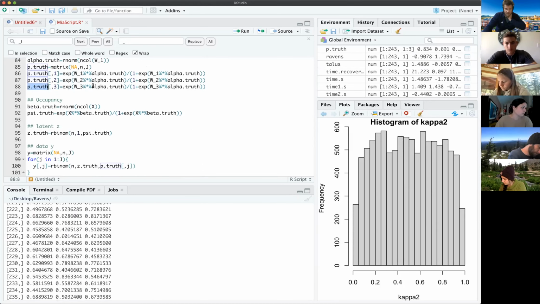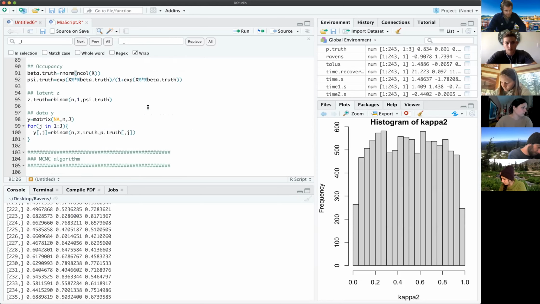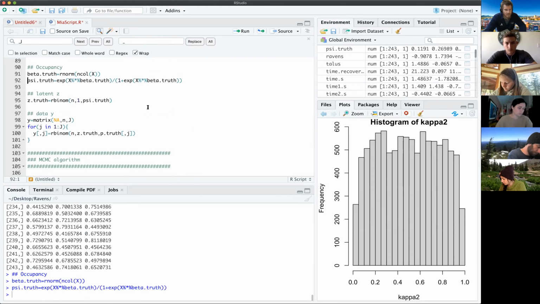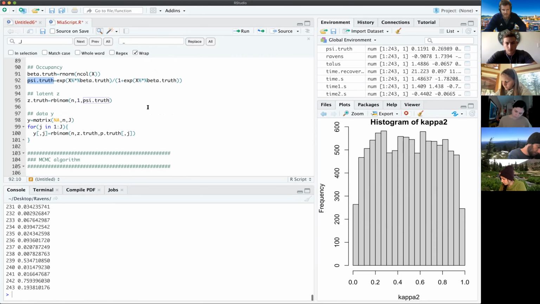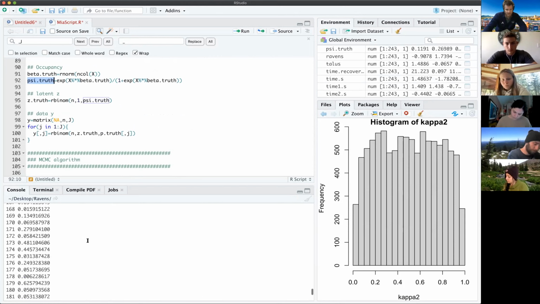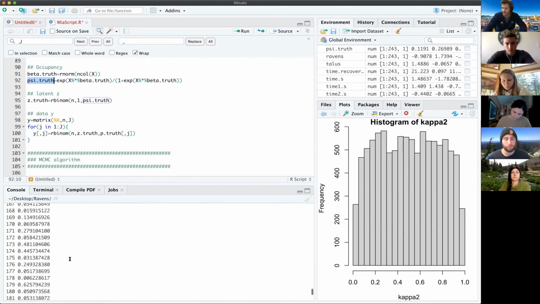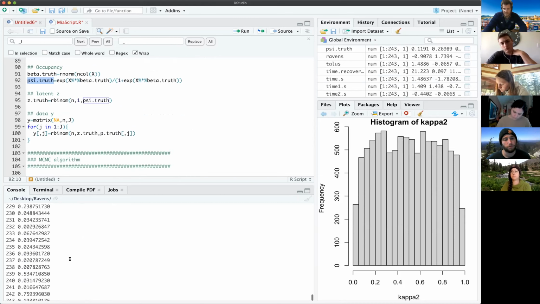So we want to try and estimate what these alphas are. And with our occupancy probability, we can look at the true values used to simulate the Z's. We have a lot of variability at each site depending on the characteristics of those sites. But again, just one column here because we're assuming occupancy is constant throughout our 3 visits.